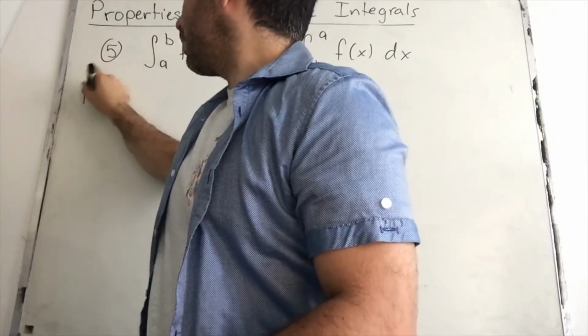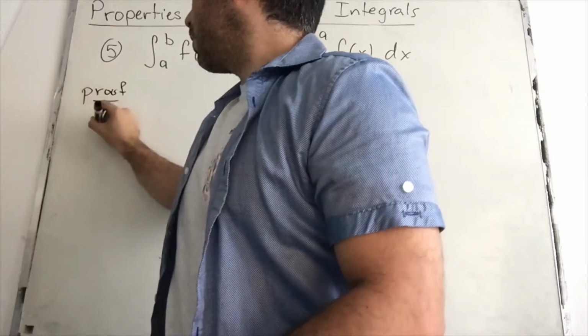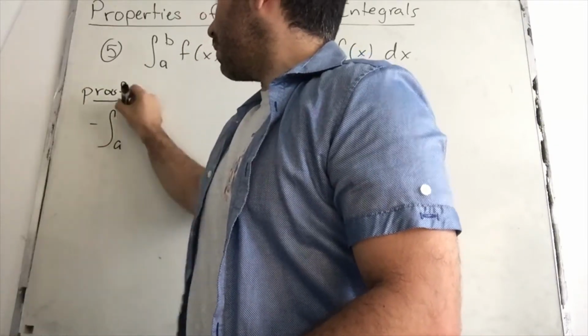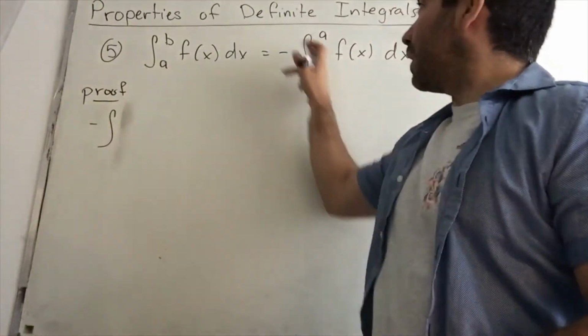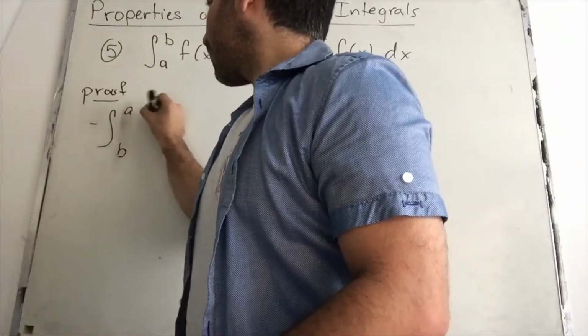So proof, we have the negative integral of, sorry, not a to b, b to a of f of x dx.